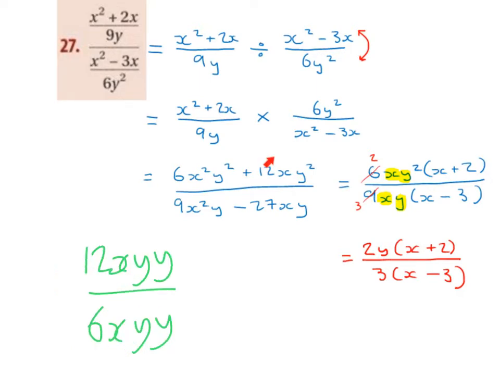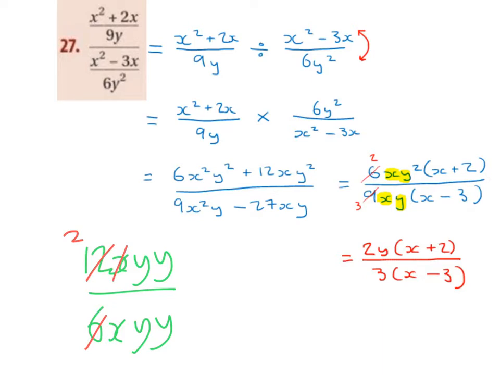So next we have 12xy squared divided by the HCF, which is 6xy squared. So 12xy squared can be rewritten as 12xyy, and 6xy squared can be rewritten as 6xyy. So now we see what we can cancel. So 12 divided by 6 goes twice.